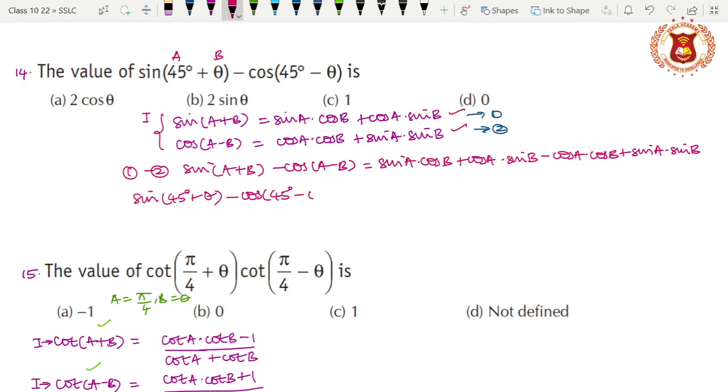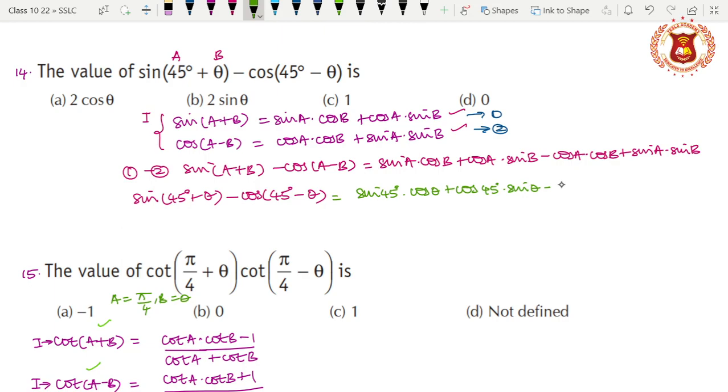This is equal to sin a into cos b. Sin a is sin 45 degree, cos b is cos theta because b is theta here, plus cos a, which is cos 45 degree, into sin b, which is sin theta.